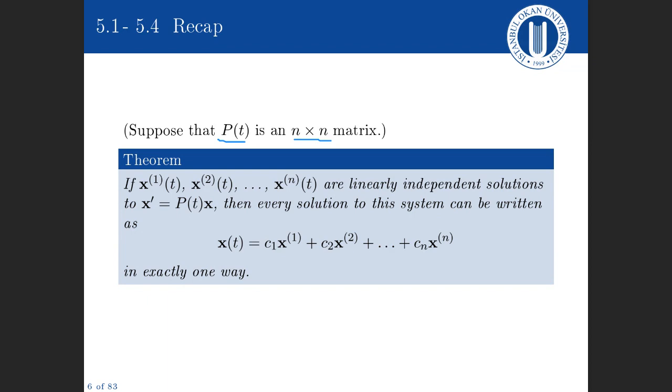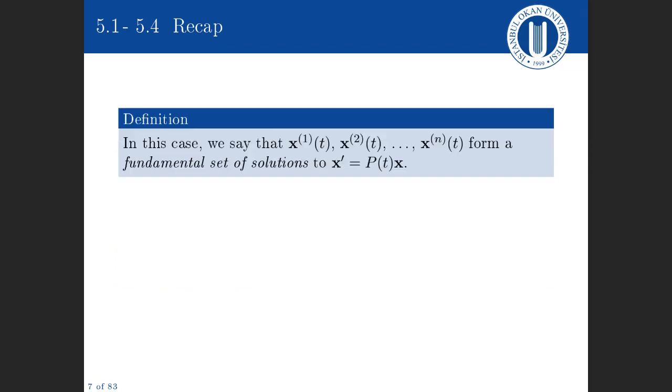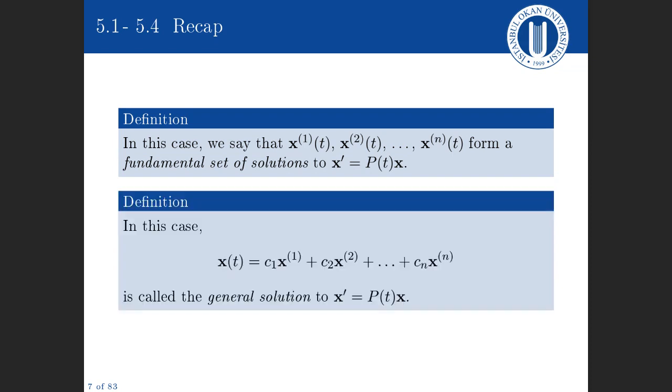And we can do it in exactly one way. So just the same thing that we were doing back in chapter 3. If we have this, then x1 up to xn, we say form a fundamental set of solutions, and we say that a linear combination of the functions in the fundamental set of solutions is the general solution to the linear system.